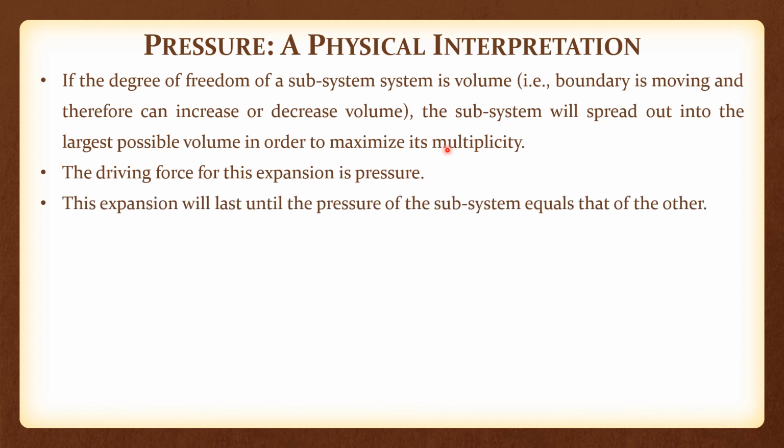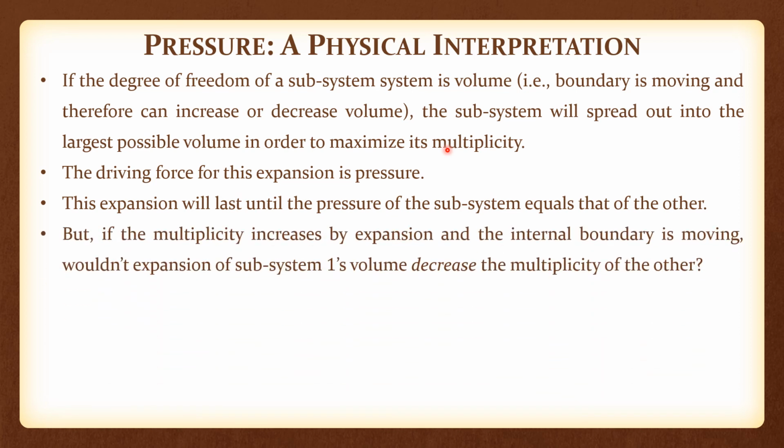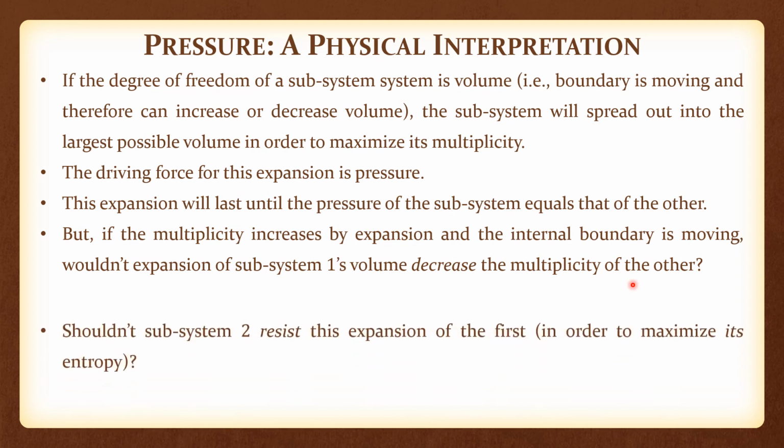So far so good. This expansion will last until the pressure of one subsystem equals that of the other, so that the net driving forces are always balanced and then there is no net displacement of the moving boundary. So far so good. But if the multiplicity increases by expansion and the internal boundary is moving, wouldn't the expansion of subsystem 1's volume decrease the volume of subsystem 2 and thereby decrease the multiplicity of the other?